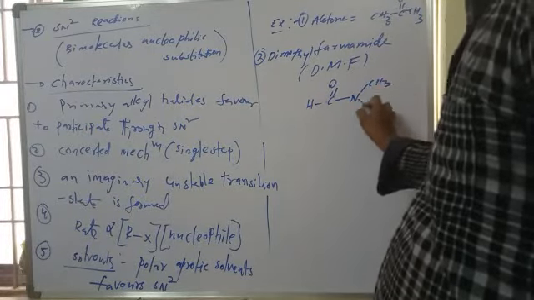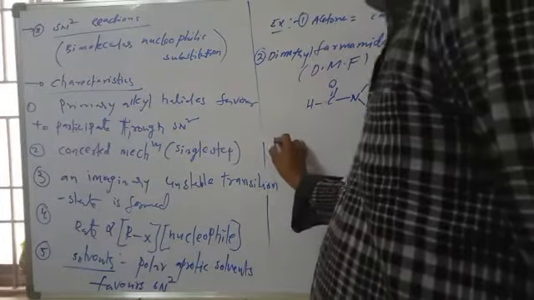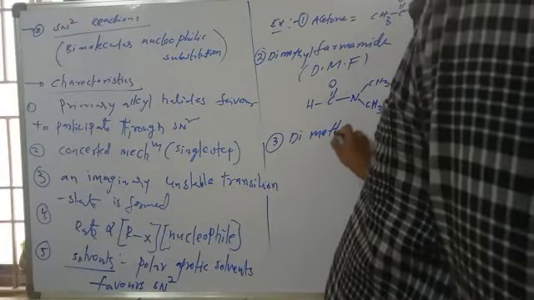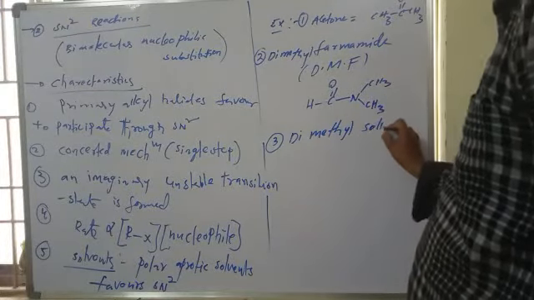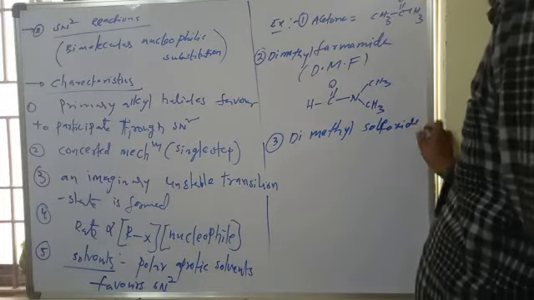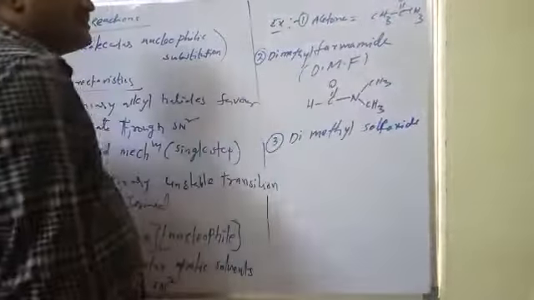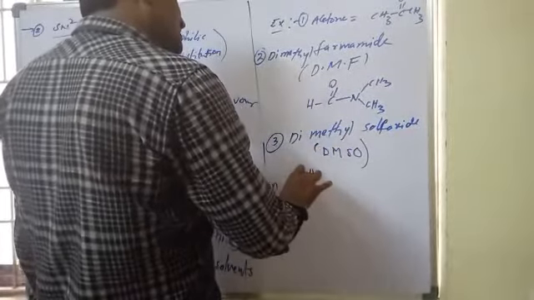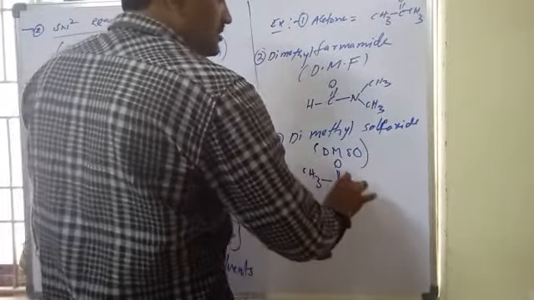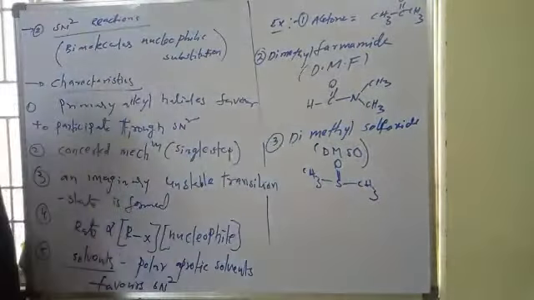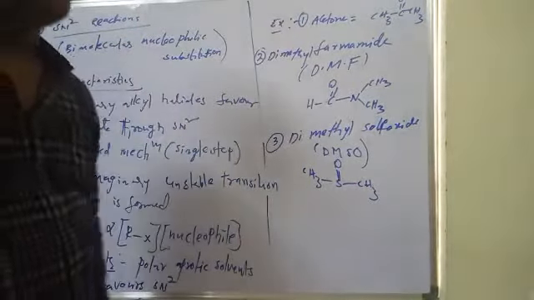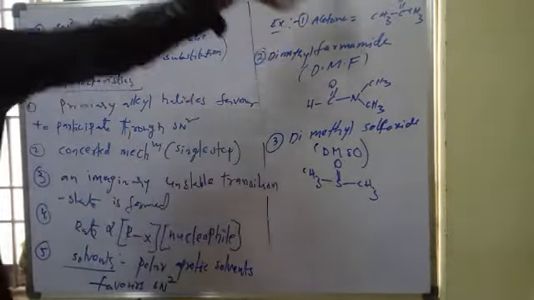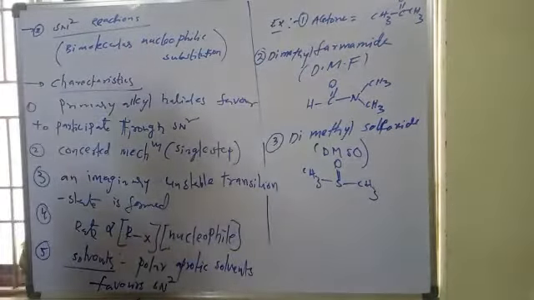Number 3, dimethyl sulfoxide, DMSO, that is CH3-S=O-CH3. These are common solvents used for the SN2 mechanism. In the presence of these solvents, the SN2 mechanism is favored.